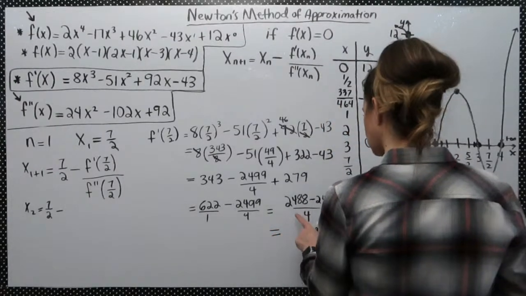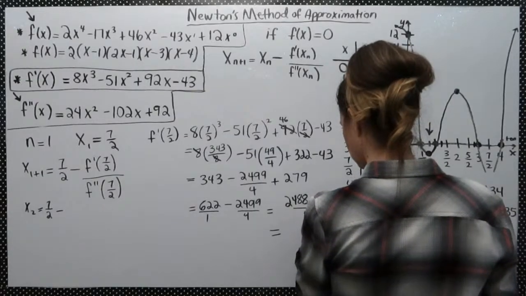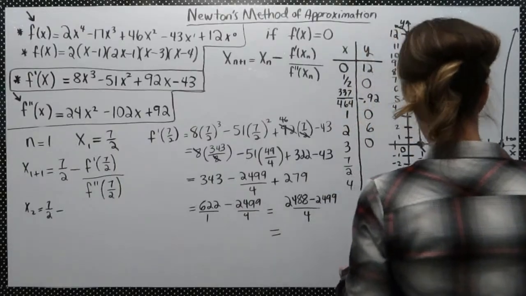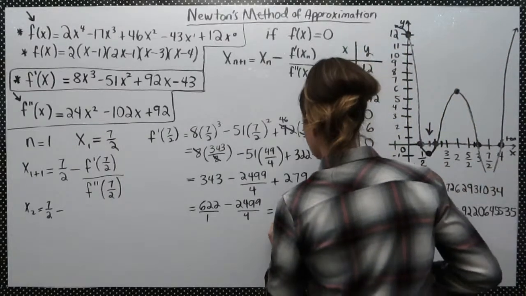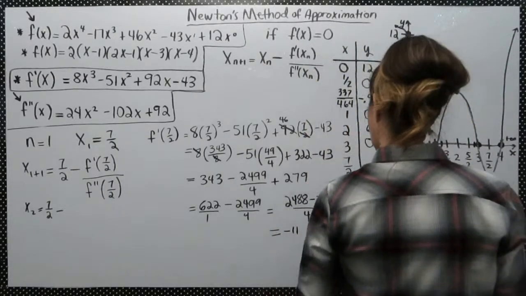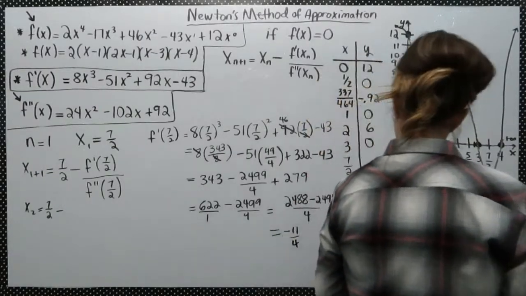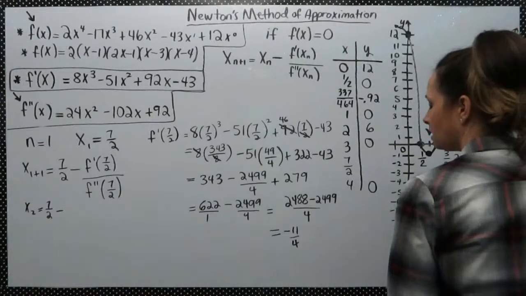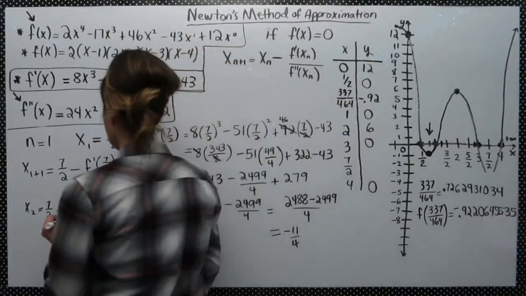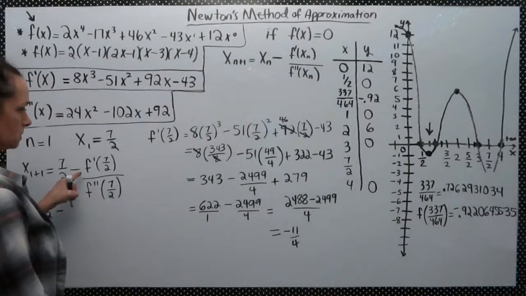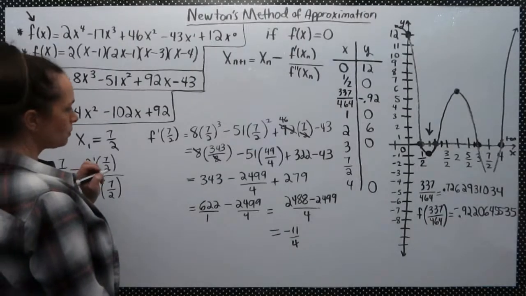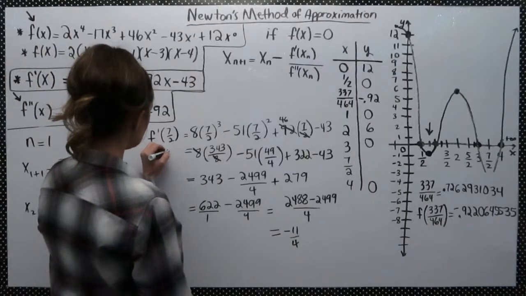That works out. So that's 11. Ooh, is it negative? Negative 11 over 4, I think. 2499 minus 2488. Okay, negative 11 fourths. So this one's negative. If I did the math correctly, we'll just put it here, equals negative 11 fourths.